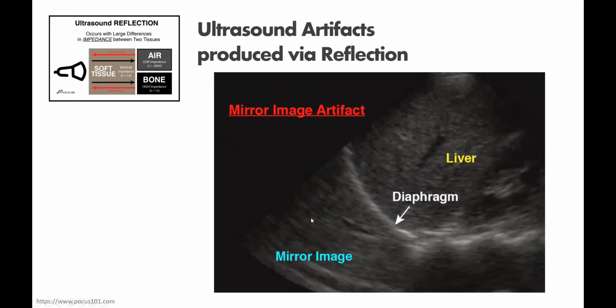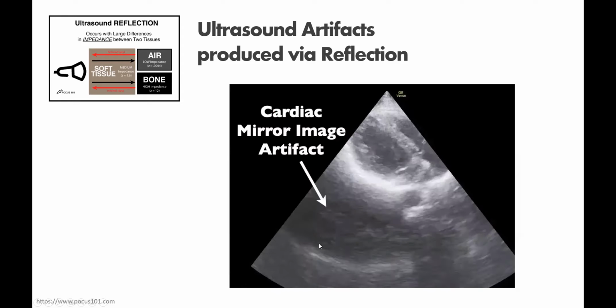The lung has a lot of air, and the liver capsule is a very dense tissue. This difference in impedance between air, a very low impedance, and the high impedance in the liver will cause a reflection of the liver image into the pleura. So this is not actually a collapsed lung, it's actually a mirror image of the liver in the lung area.